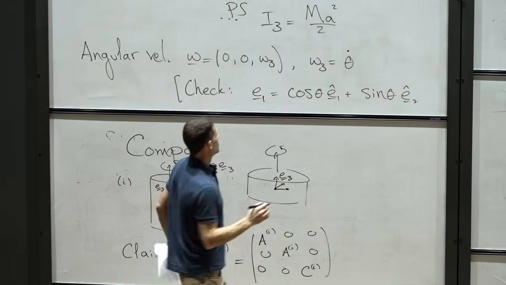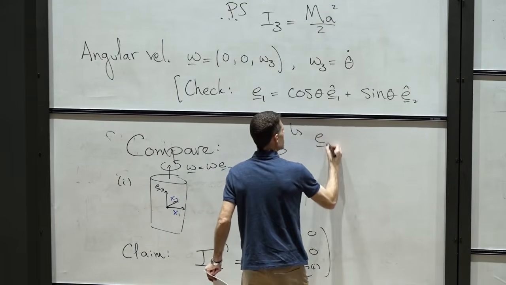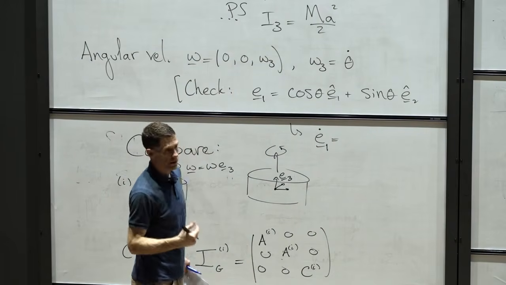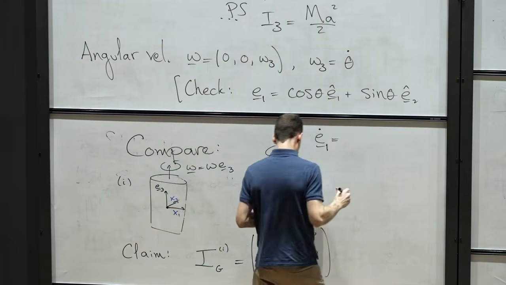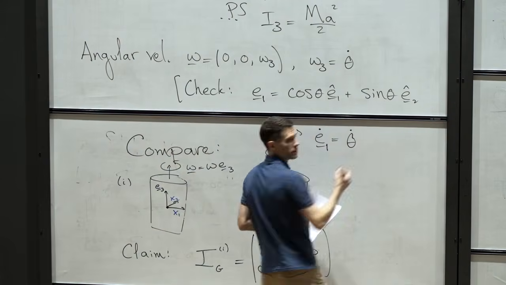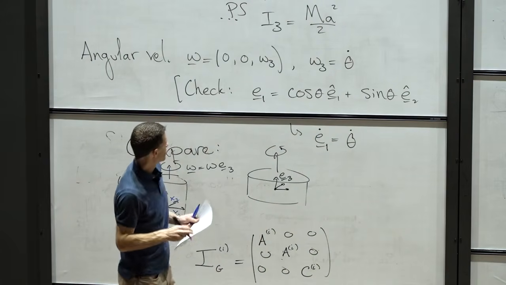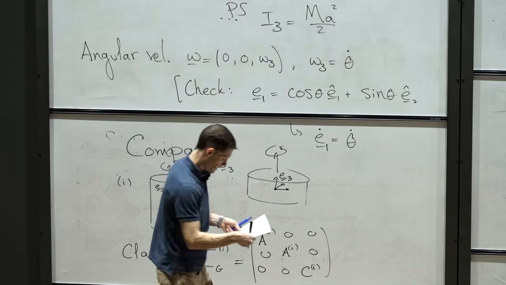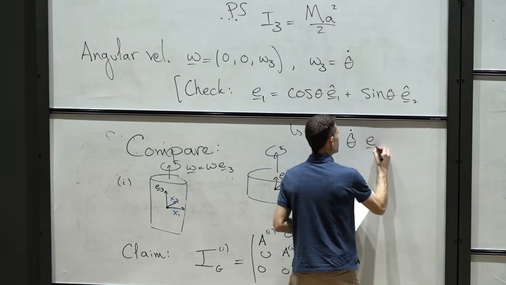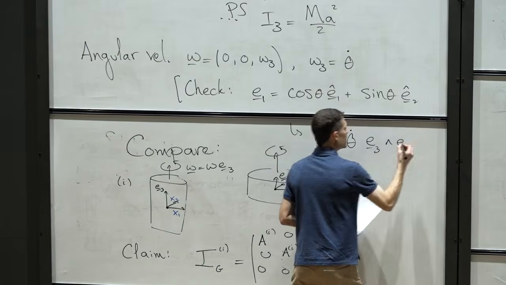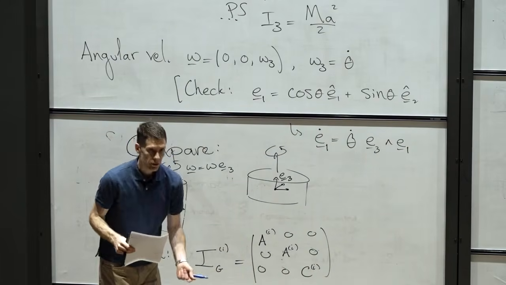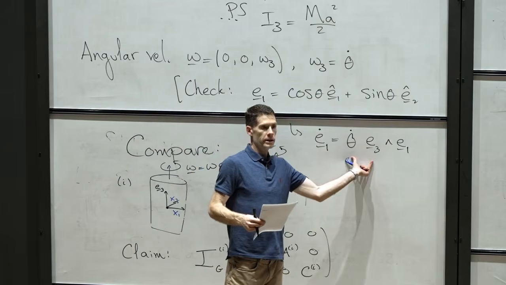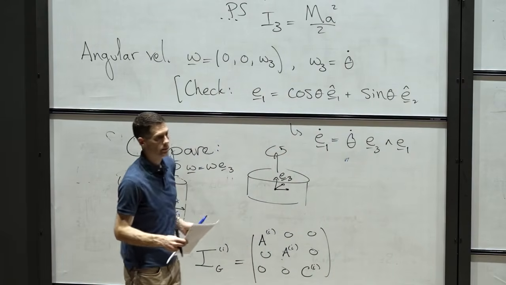Which means that E1 dot gives me a theta dot, and I'm going to skip a step. You can verify the intermediate step. E1 dot is theta dot, plus I get a minus sign here and a cosine here, and I can write that as theta dot times E3 cross E1. But by construction, E1 dot is omega cross E1. That means that omega is theta dot E3, which is what I've written here.